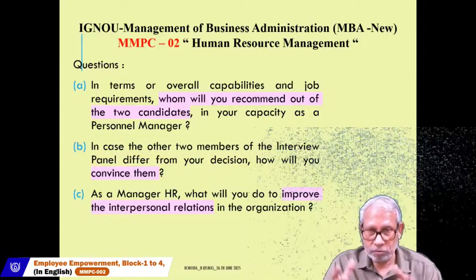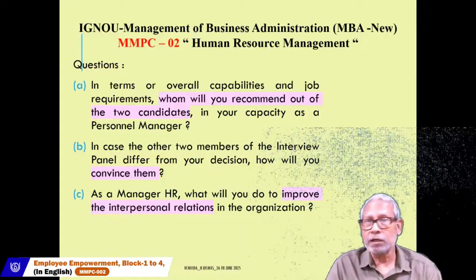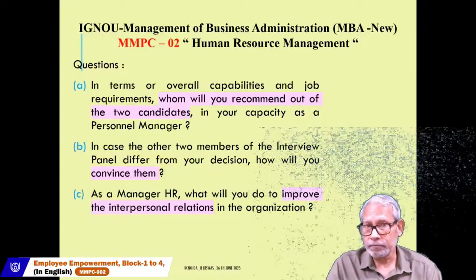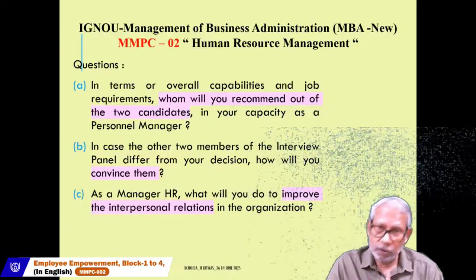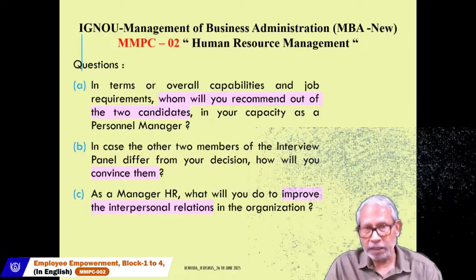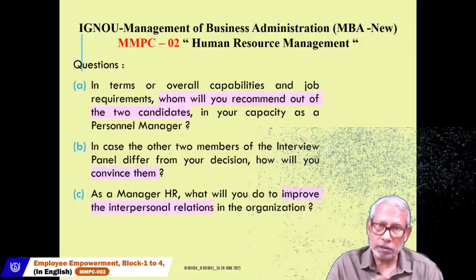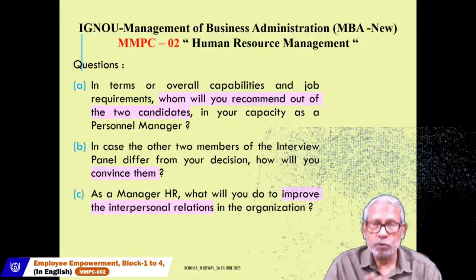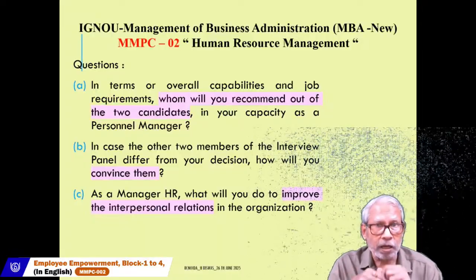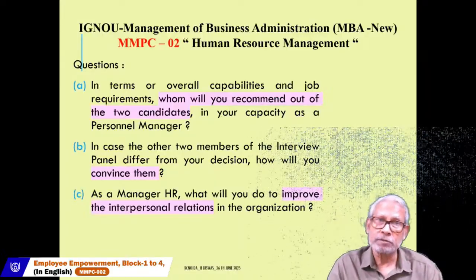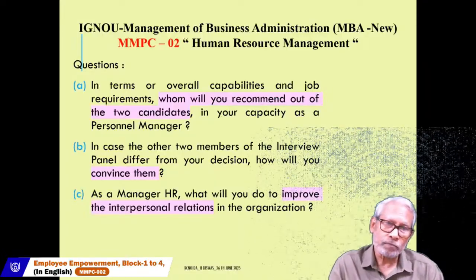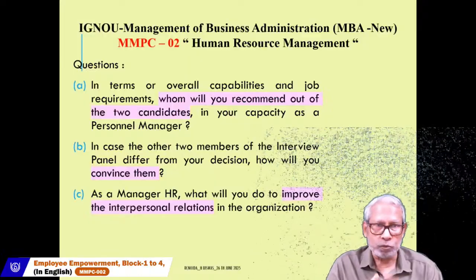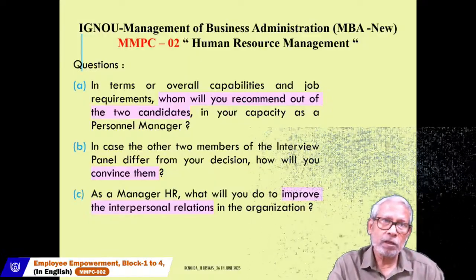Second question: suppose you have decided something and the other panel members, maybe your colleagues, are not ready to accept it. How do you deal with this, and how do you improve things? Now, see one by one.